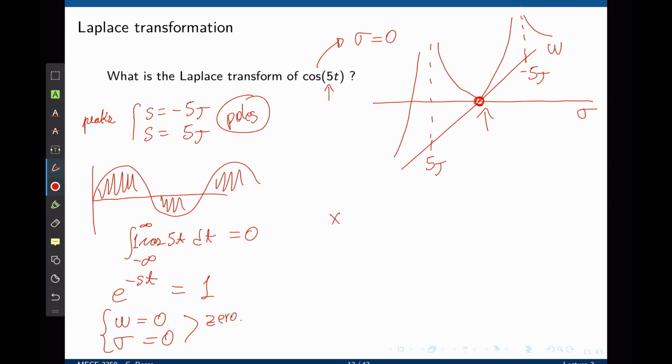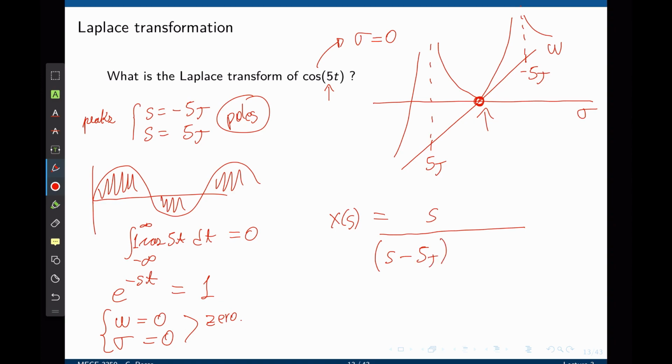Now let's create an s function that will display the same behavior. Let's call our function x of s, and we want x of s to go to 0 when s tends to 0. So simply we can write x of s equals s. Further, we want the function to go to infinity when s approaches 5j. So now divide the function by s minus 5j.